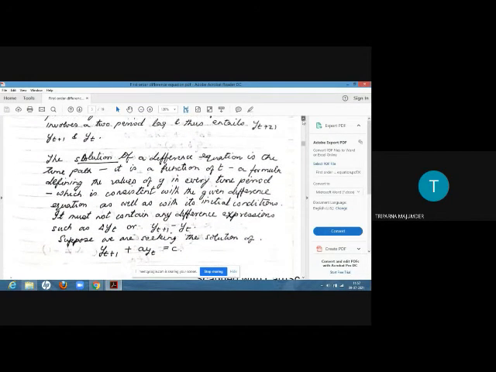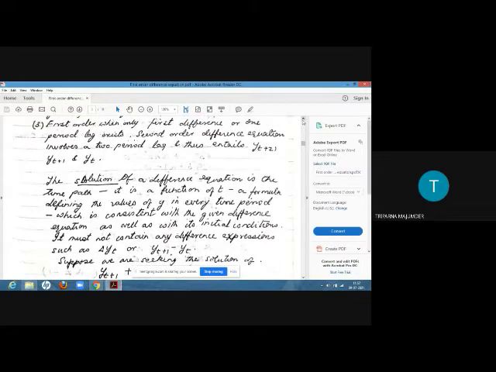For higher order difference equations, for second order for example, we have a two period lag, and as the number of lags increases, the order of the difference equation also increases.